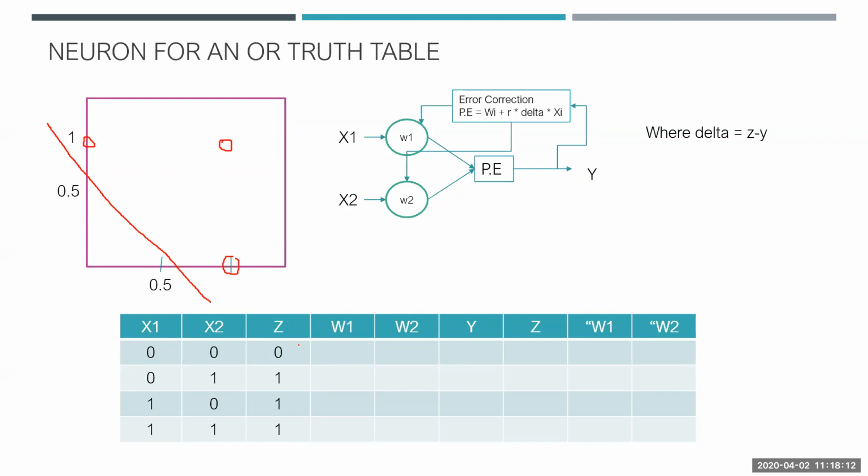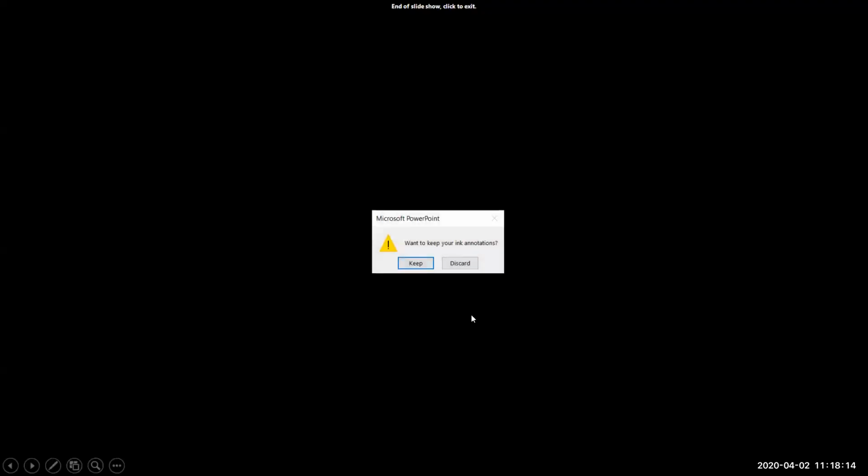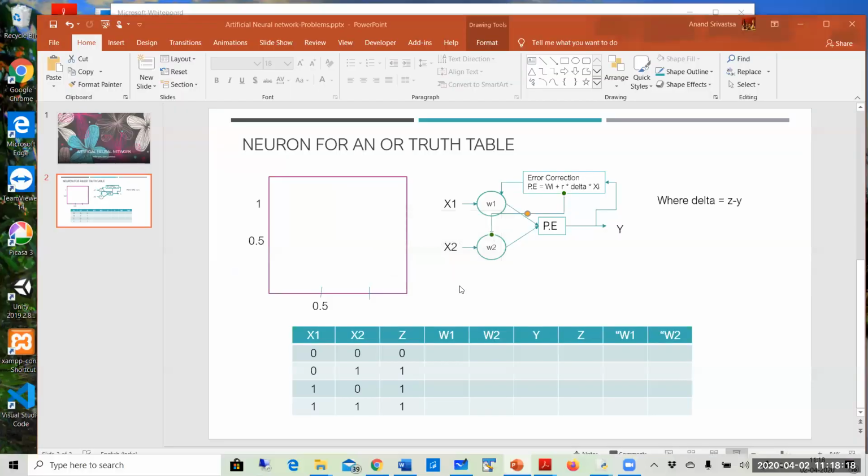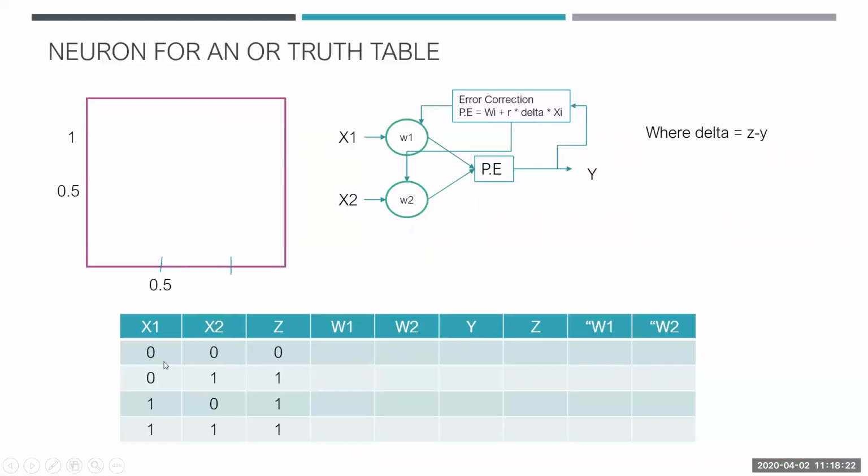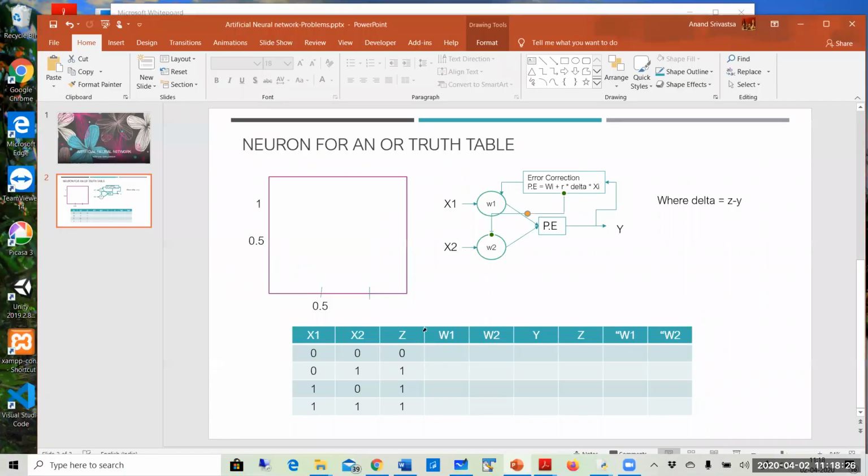Now, how do I look at it? For example, my desired output is 0. If at all I start with, let's say, some weights, 0.1 and 0.3.